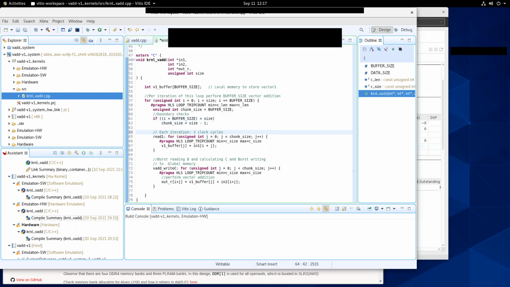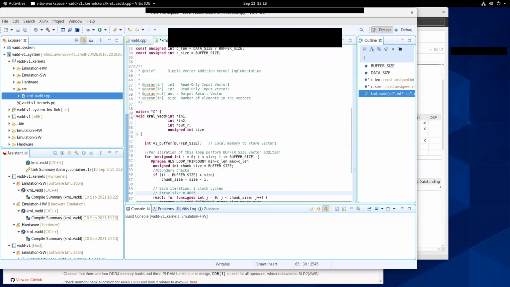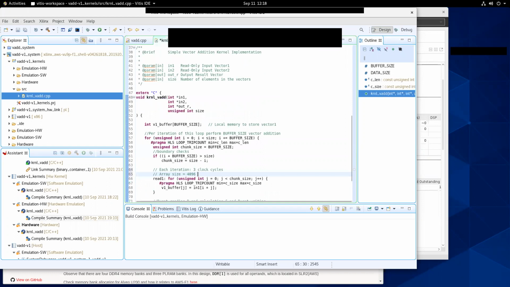And the total array size is 4096 elements. And if you go up and see, the buffer size is 256.